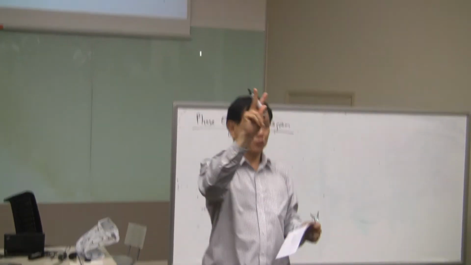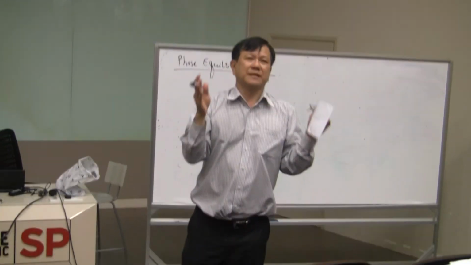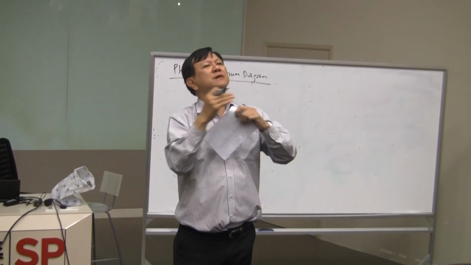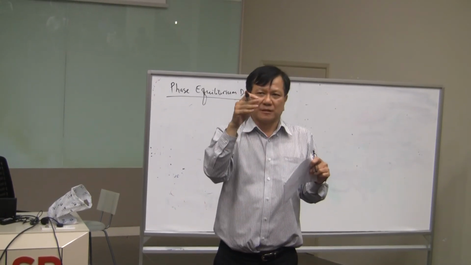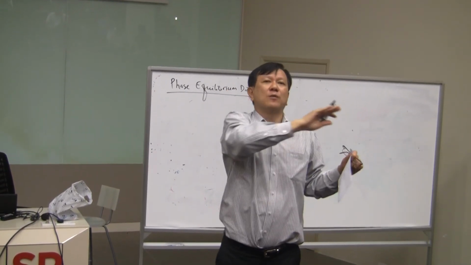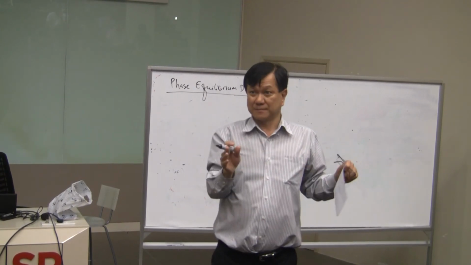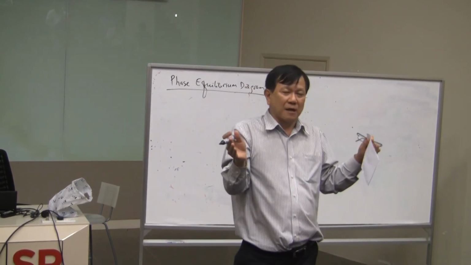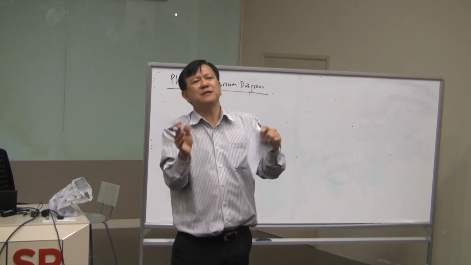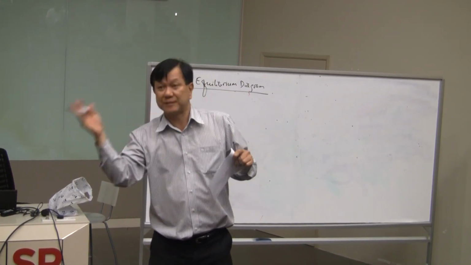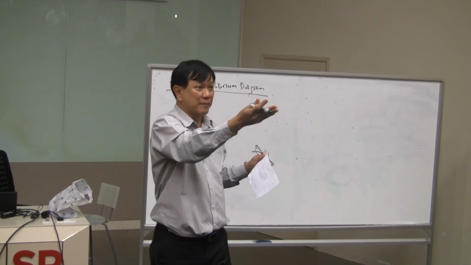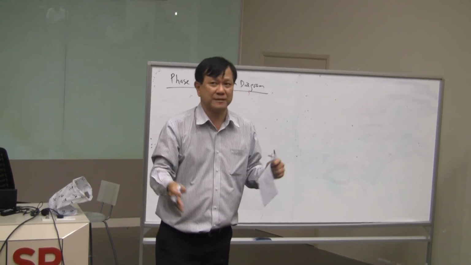Remember? Binary, two. When it is completely soluble, now you don't worry about partial solubility. Now we are only talking about complete solubility. Very easy. When it is completely soluble, your alloy is an isomorphous binary alloy. We talked about that.